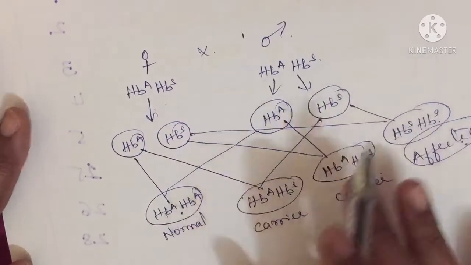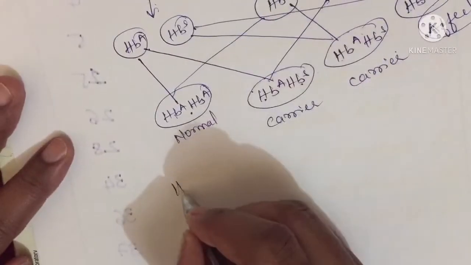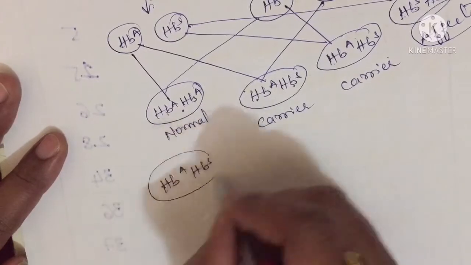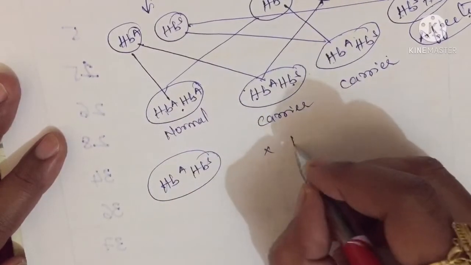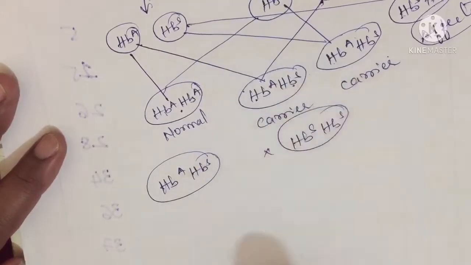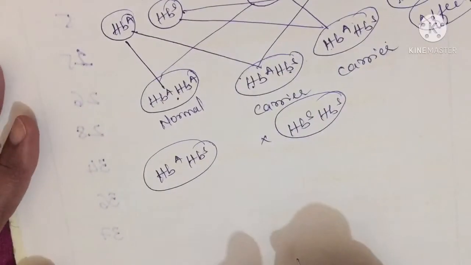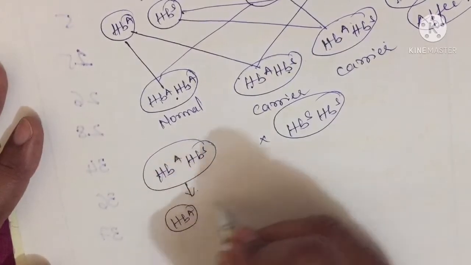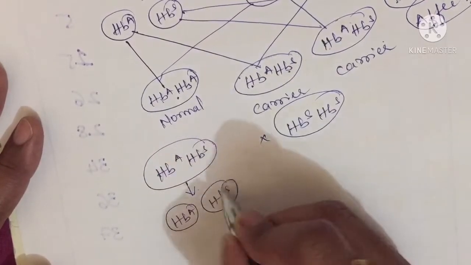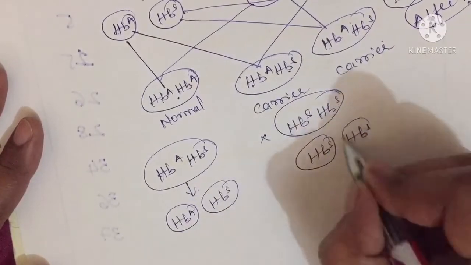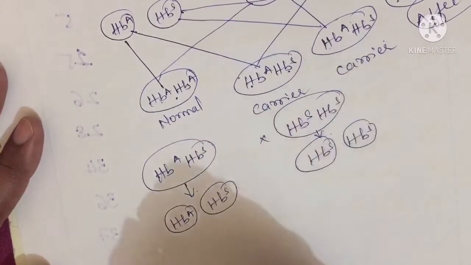If one parent is carrier and another parent is affected, what are the chances? Whether we'll get affected children or no? Yes, definitely we'll get affected children. Okay, so these are the 2 different types of gametes, right? HBS, you will find these.